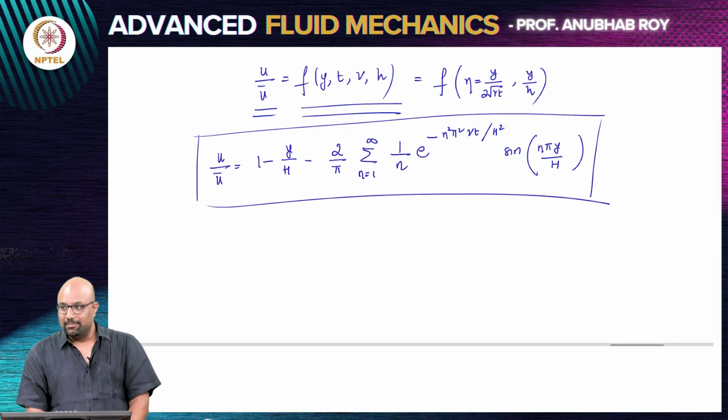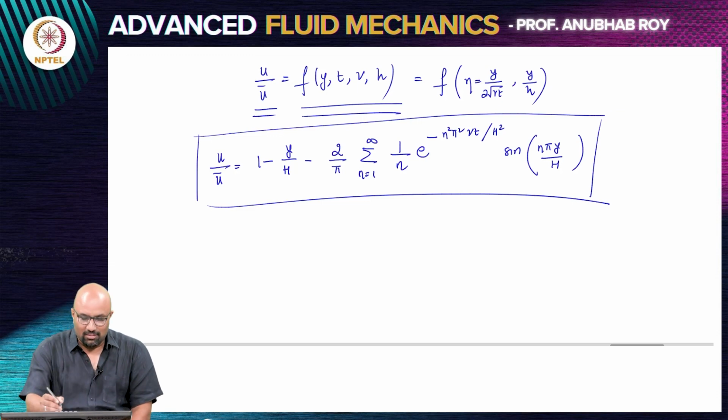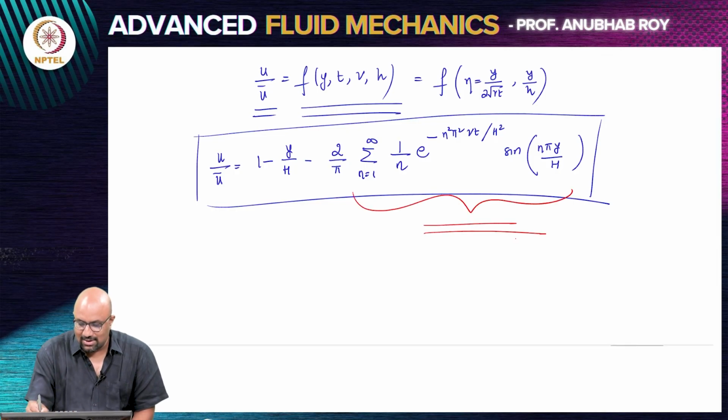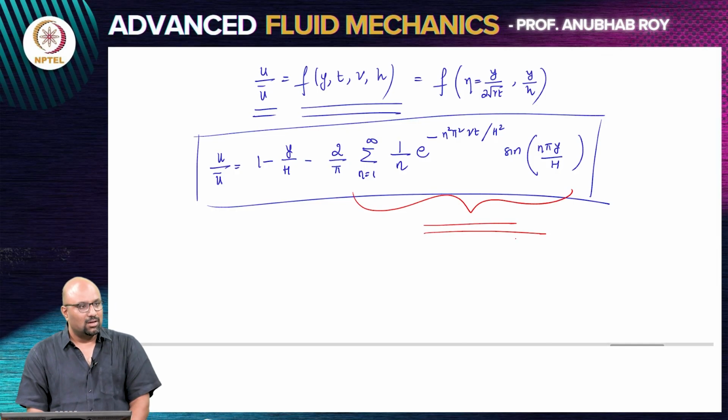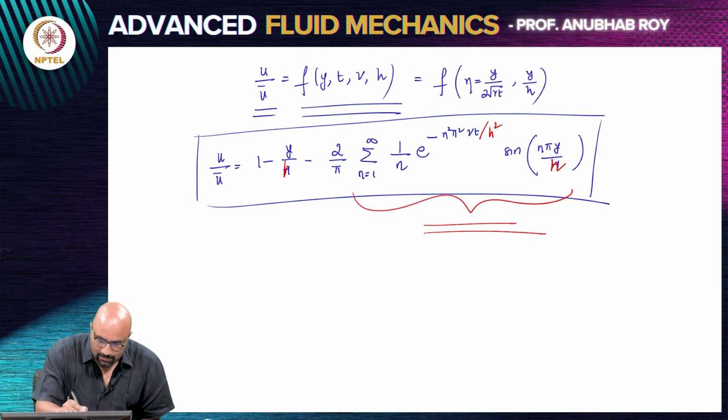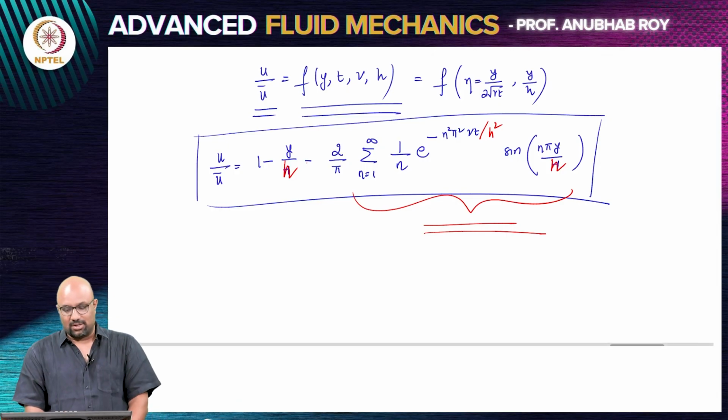Now, it's quite messy. It's not as neat as what we had earlier, but the part which you can focus on and understand is that this is a summation over exponentials and sines. Now, nu is positive, t is obviously positive, h square is also positive.